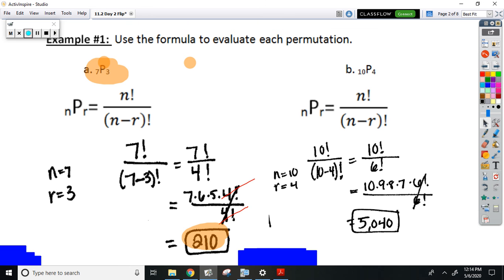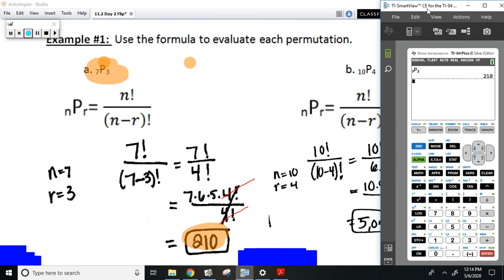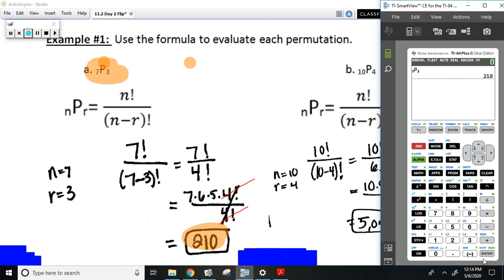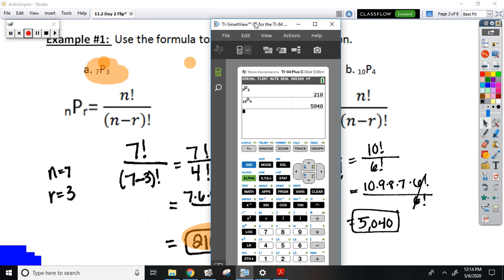Should get 5,040. Now on the graphing calculator, remember a shortcut. If you want to recall what you typed the last time, we can press second enter. Second enter recalled what I typed. I can just go back and change the 7 to a 10 and change the 3 to a 4. That way you don't have to re-press all those buttons, and we should get 5,040, which is the answer.